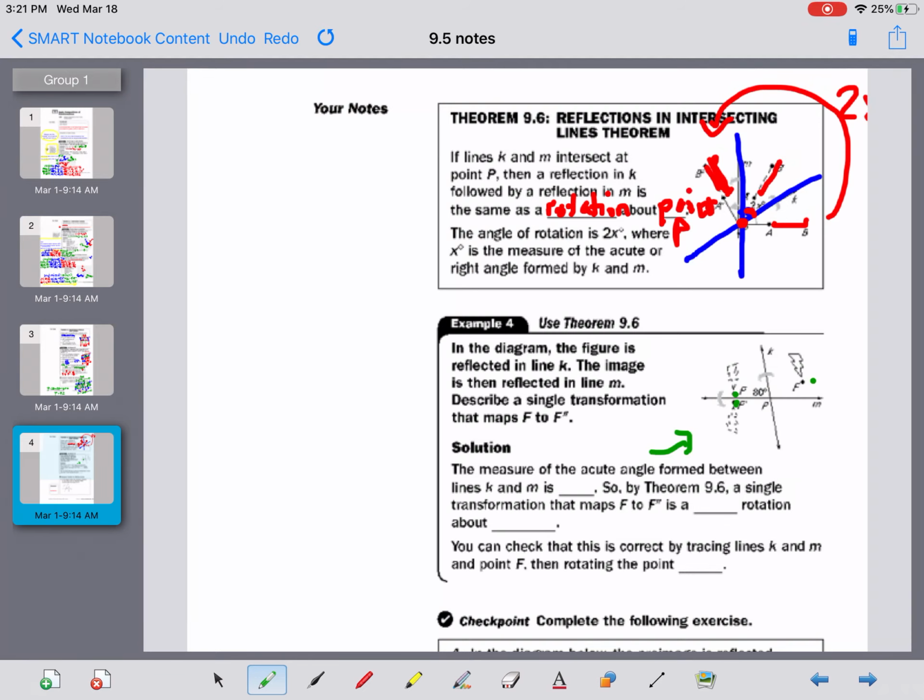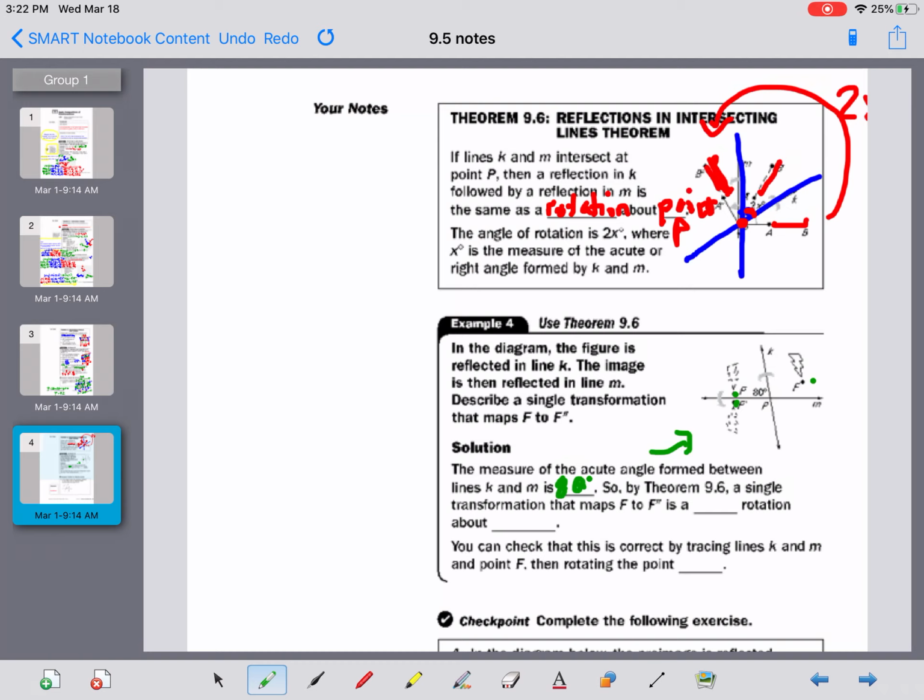And the question that the book is asking is how much of a rotation it is. Well, between K and M, we have an 80-degree angle. And by the way, we always go with the acute angle when we do this. We don't go with any obtuse angles. So I have this 80-degree angle.